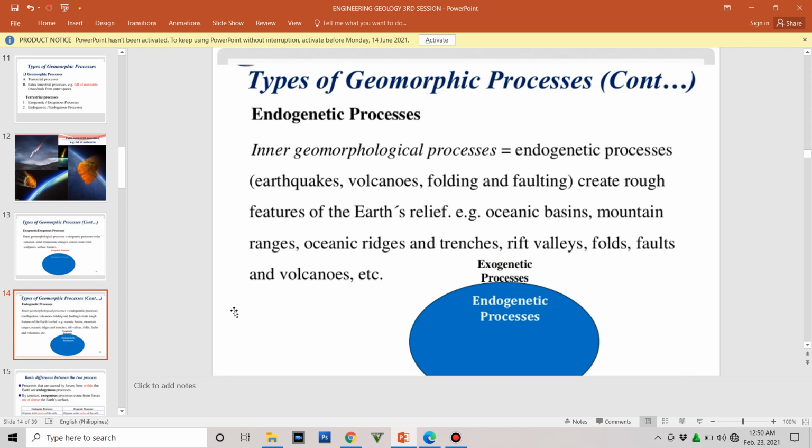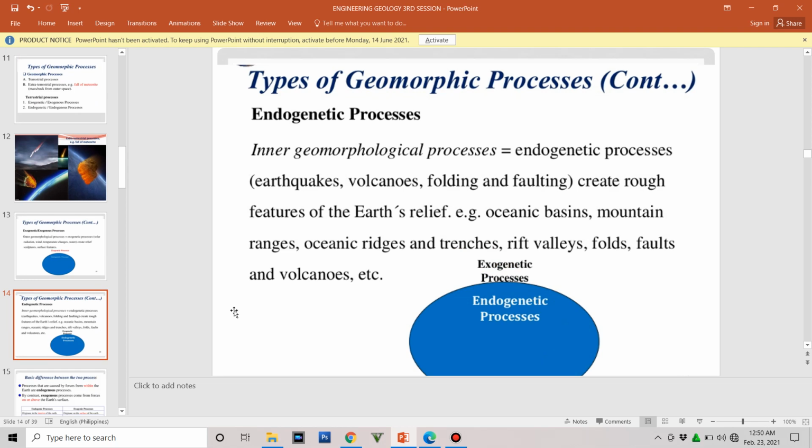Another type is the endogenetic process, which is the inner geomorphological process. Why inner? Because we are dealing with the inner core, the core just below your outer core. We will have a discussion on phenomena like earthquakes, volcanoes, folding and faulting.